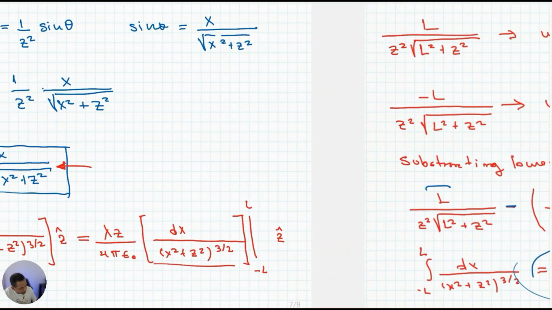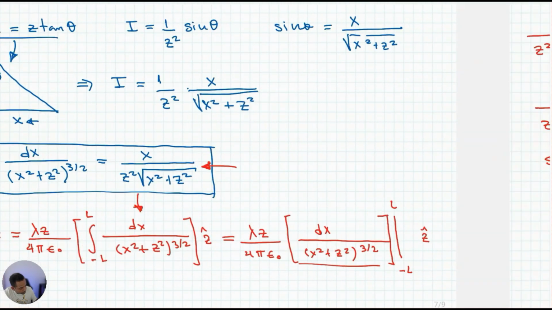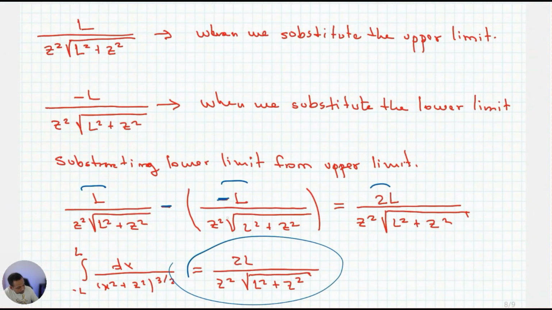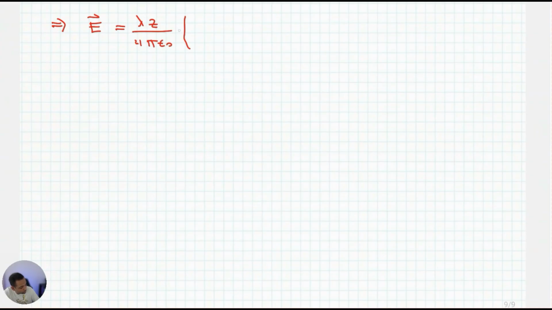We already substituted the limits and we got this. And this goes here: 2L dividing z squared multiplying root square of L squared plus z squared, in the z direction.